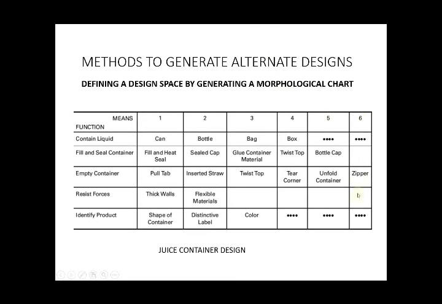So this is actually a matrix table. A matrix means a combination of rows and columns, and in each of these rows you have listed the functions, and in columns you will be listing the different means of achieving this function. So now let us look at how the different design solutions or alternative designs can be created from a morphological chart.